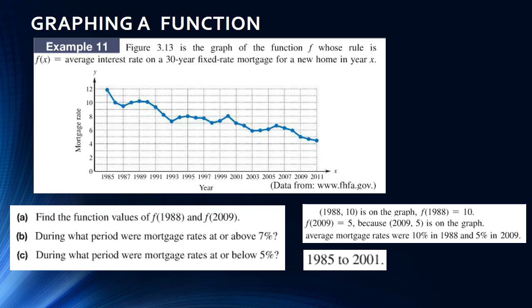We can do the same thing now with when they were at or below 5. The mortgage rates are a y value, so we're going to go to 5 on the y value axis and see where it first hits 5 and where it's below. And we can see that's from 2009 to 2011.